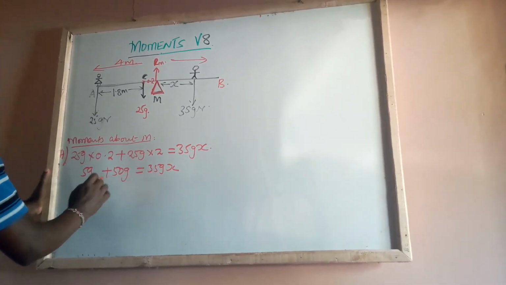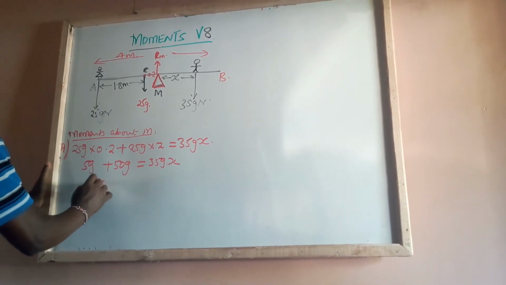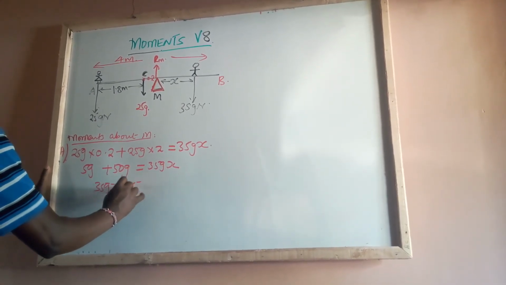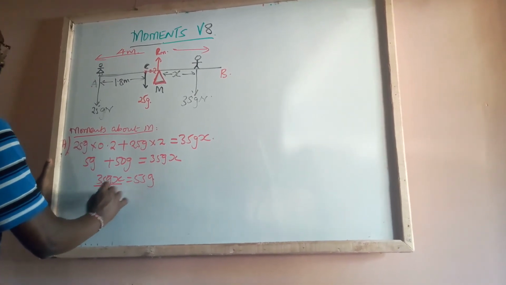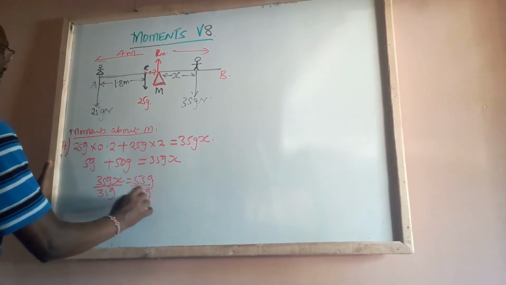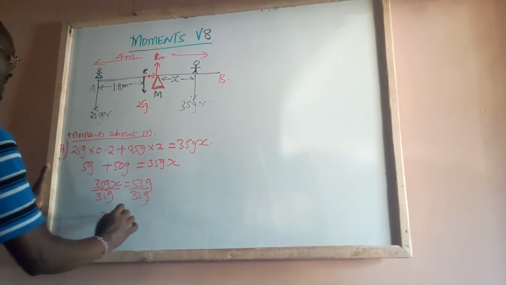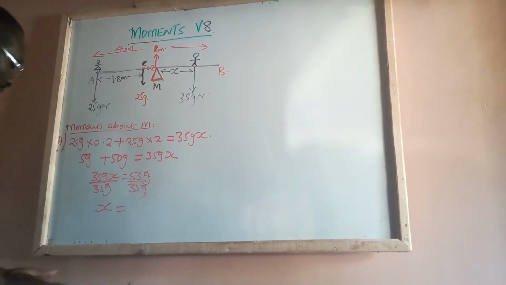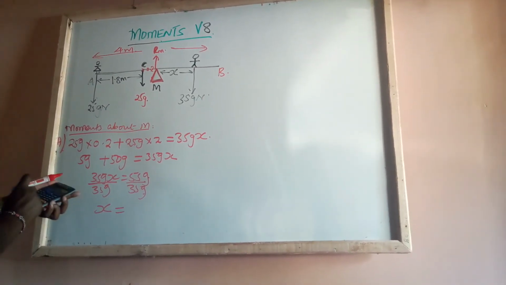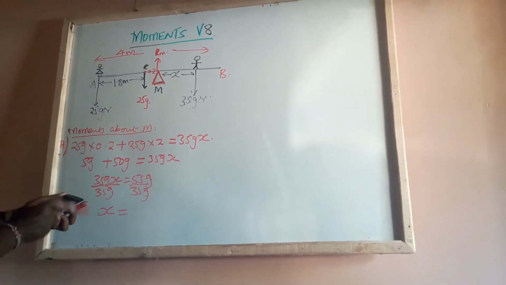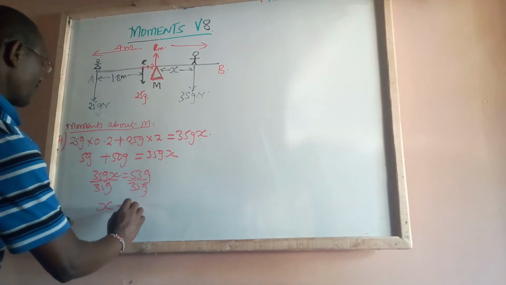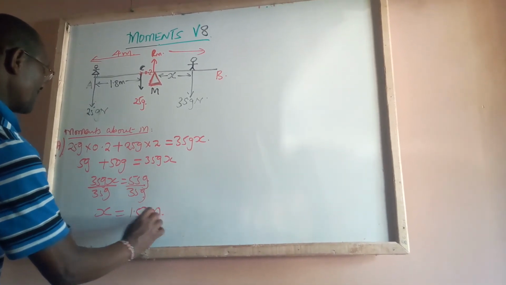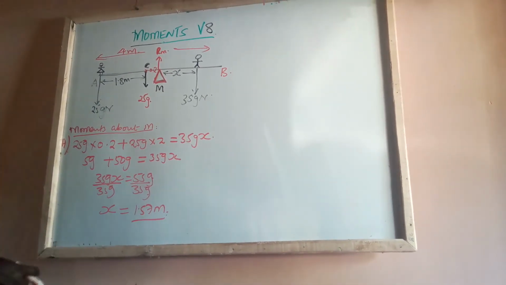So 35gx is equal to 55g. Dividing by 35g, you can see that x is equal to 55 divided by 35, so x is equal to 1.57 meters to 2 decimal places.